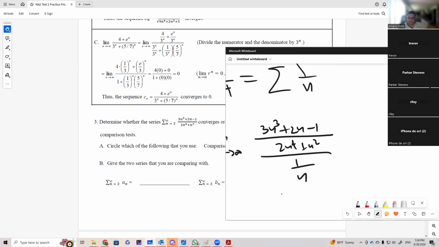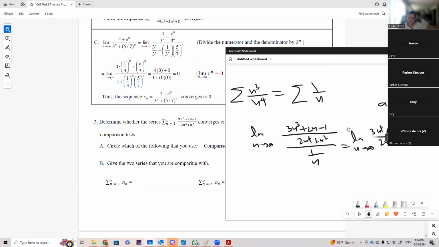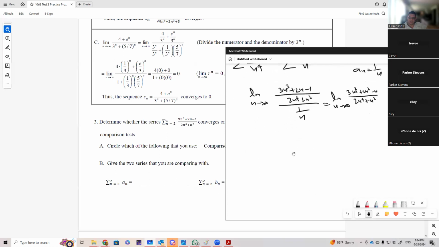Now, what is this limit? It becomes the limit when n goes to infinity of 3n to the 4 plus 2n squared minus n over 2n to the 4 plus n squared. Then I'm going to divide by n to the 4 up and down, since that's the biggest power of the denominator, and I have an infinite limit.